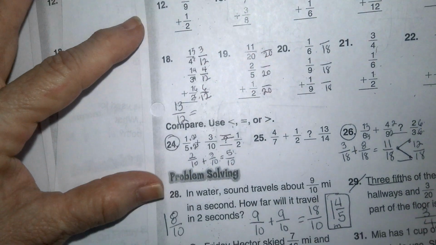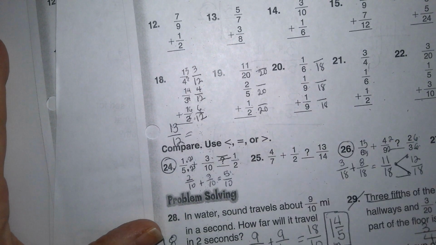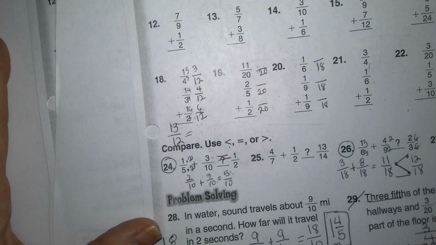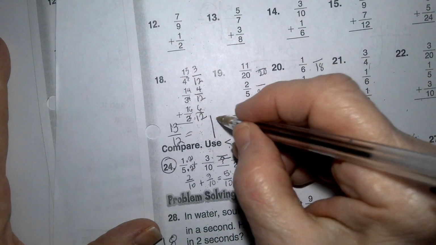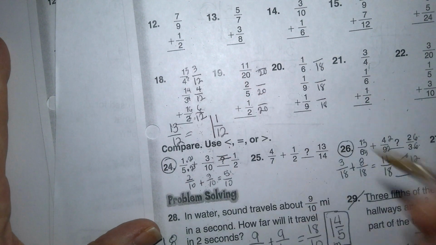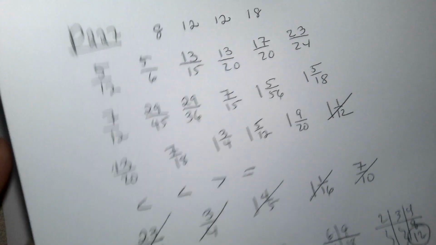But wait a second, my egg carton is overflowing by how many eggs? By 1. Yeah, it's overflowing by only 1. So my final answer is what? 1 and 1/12. Very good, which is right. Find your answer.